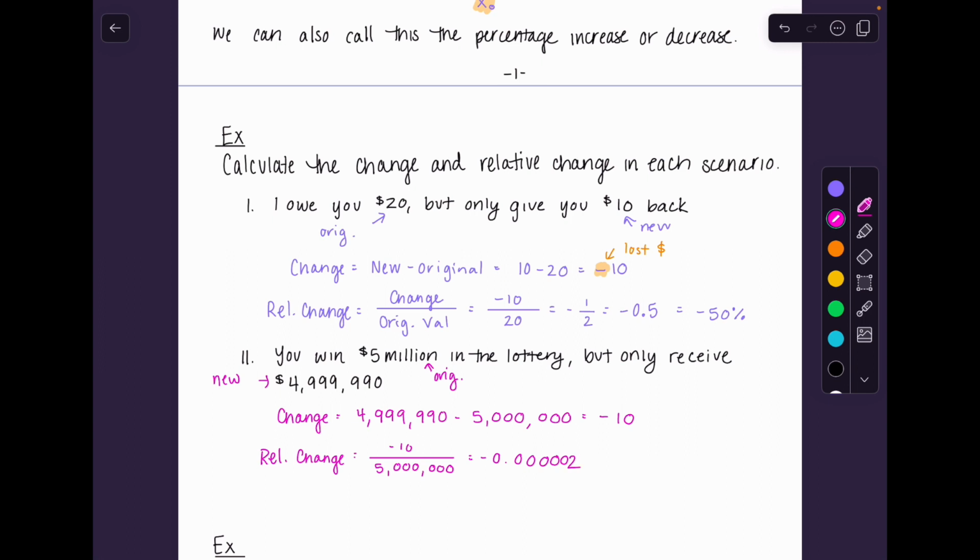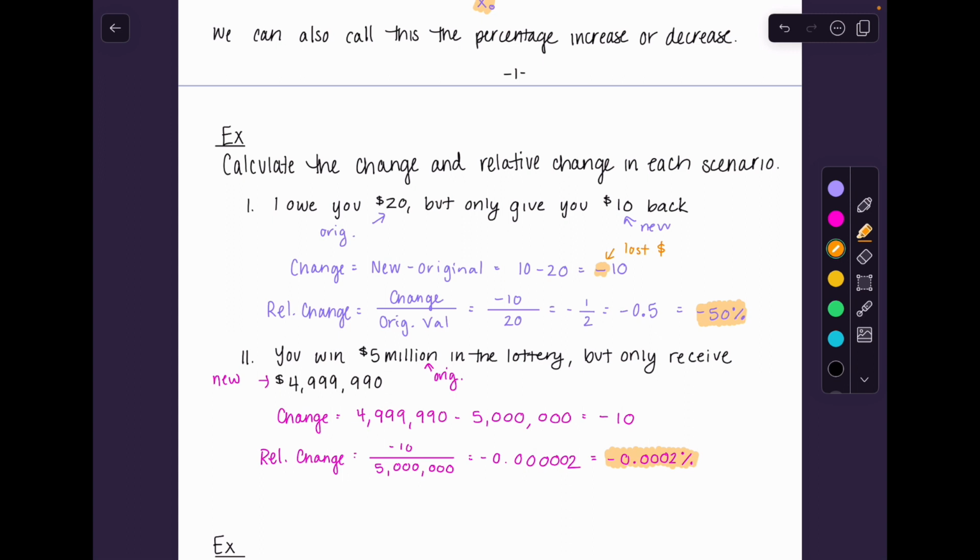And again, it's negative because we lost money. And if you want the percentage change, all we would do is move that decimal 2 places to the right or times it by 100. So as a percentage, this is 1, 2, 3 zeros followed by a 2. Okay. So this is our percentage decrease in scenario 1, and this is our percentage decrease in scenario 2.